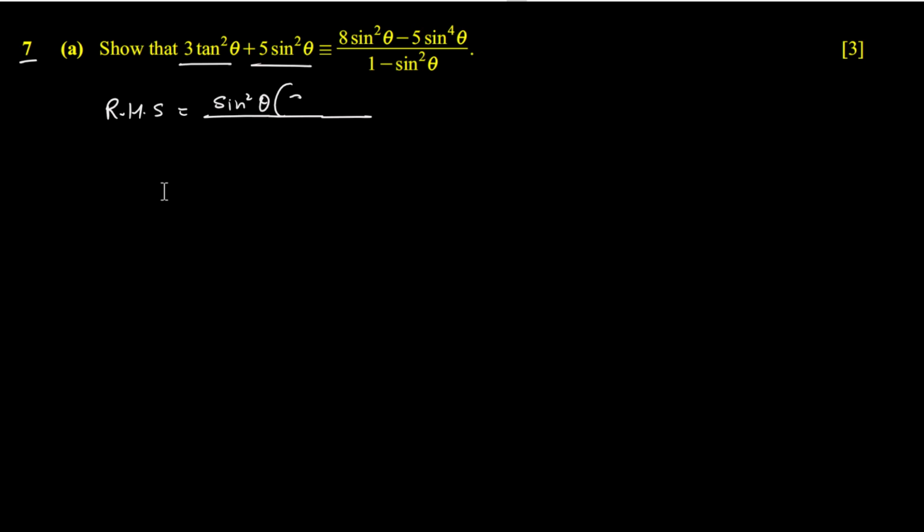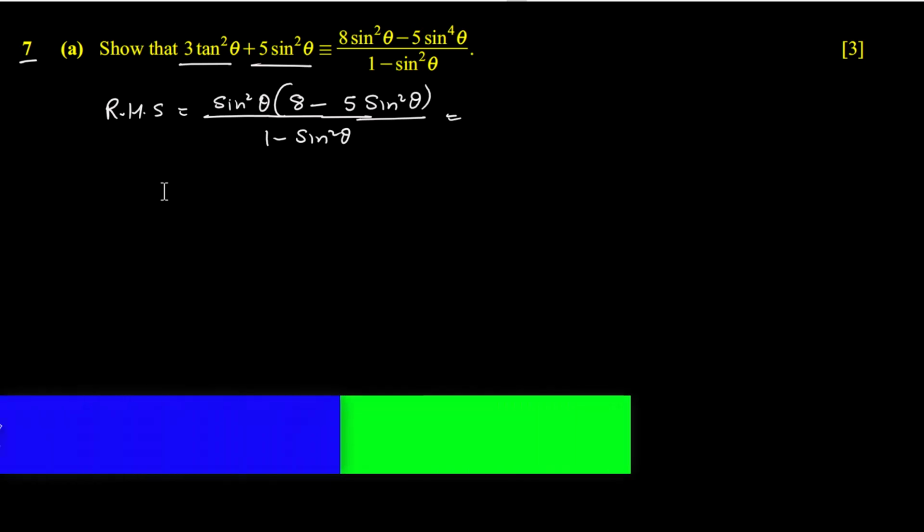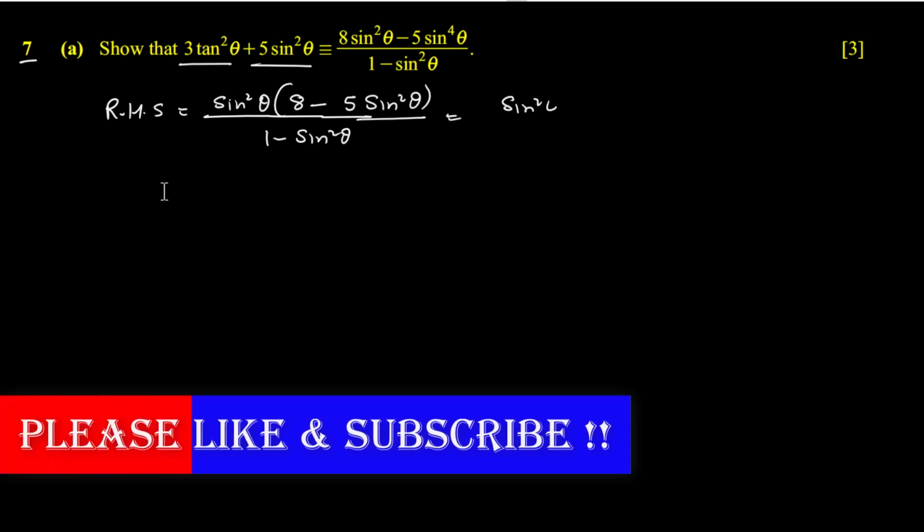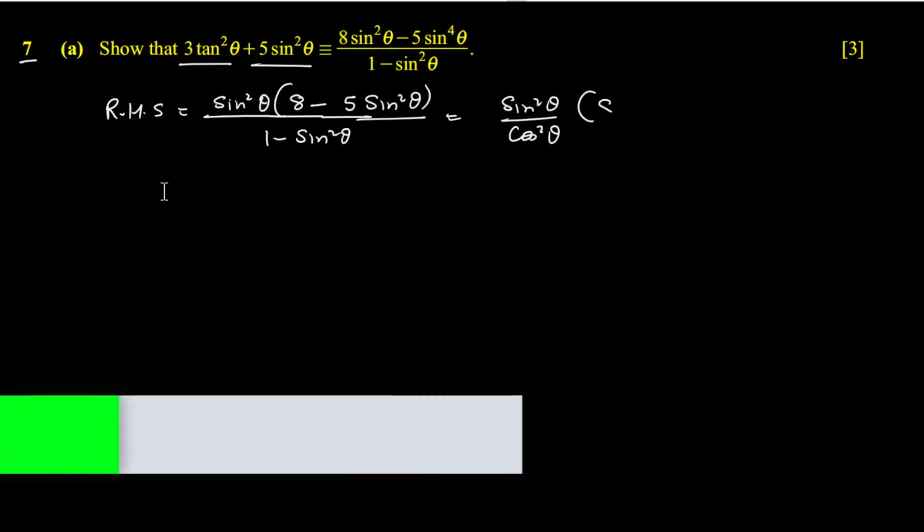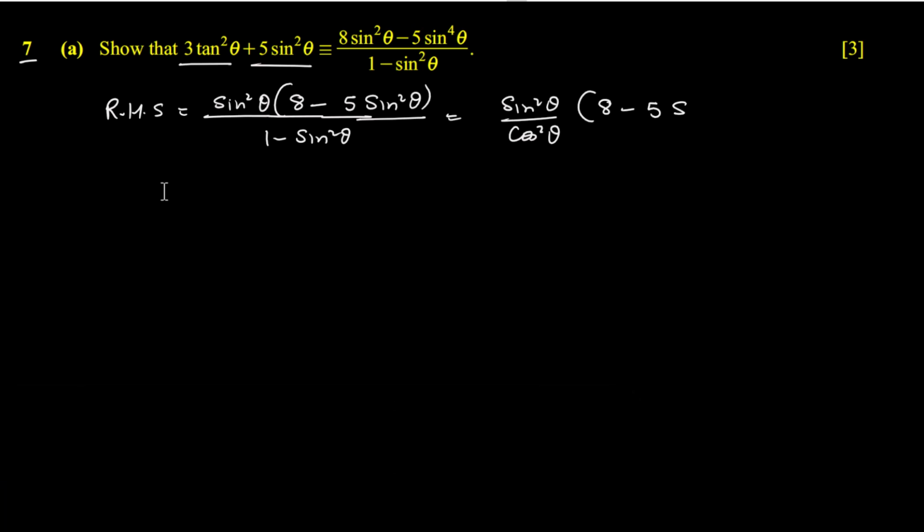So this can be written as sine squared theta times 8 minus 5 sine squared theta over 1 minus sine squared theta. And 1 minus sine squared theta is simply cosine squared theta, so we can write it as sine squared theta over cosine squared theta times 8 minus 5 sine squared theta.